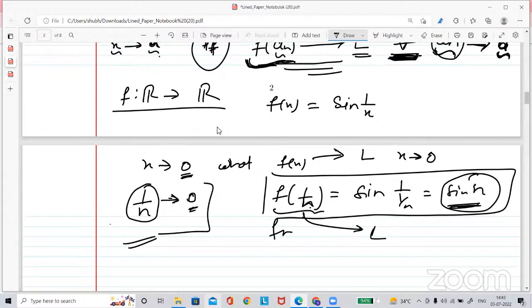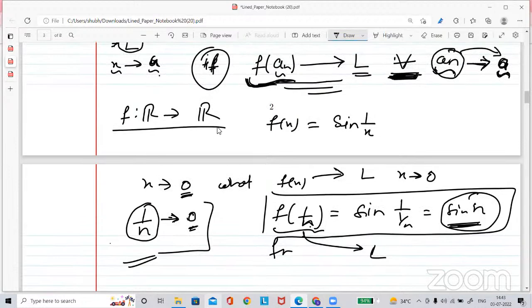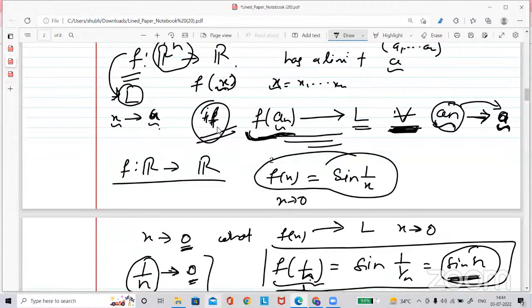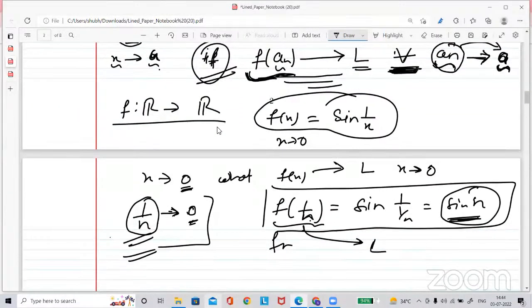It means we have a sequence not satisfying the if condition. That means as x goes to 0, this function doesn't have a limit. Only using this sequence we concluded this.